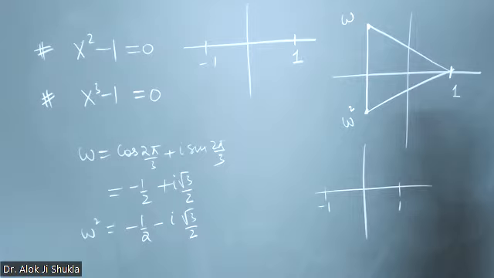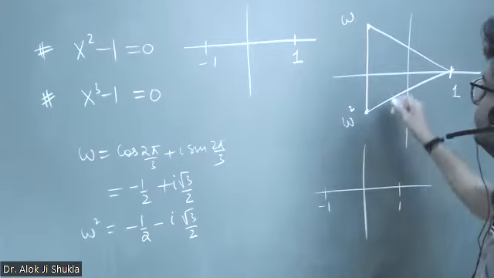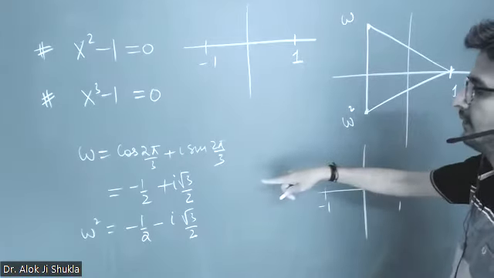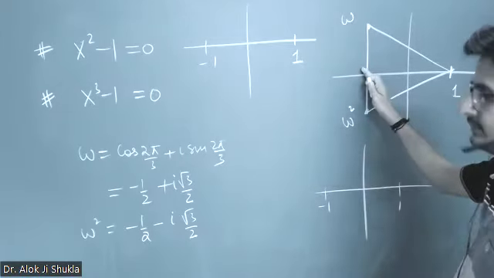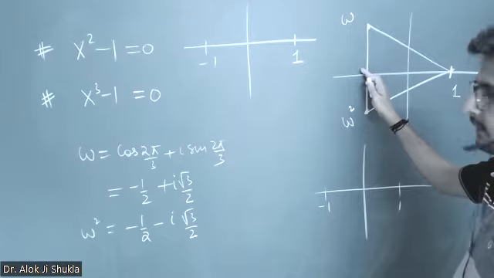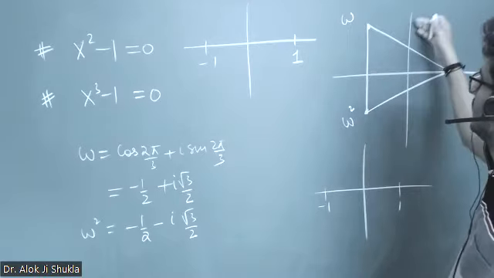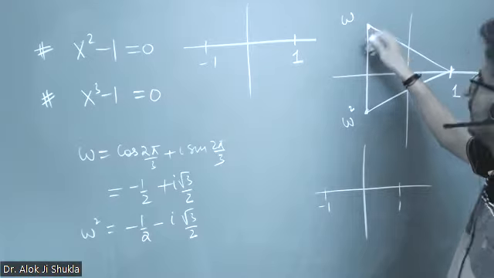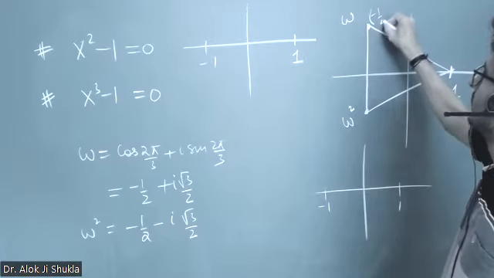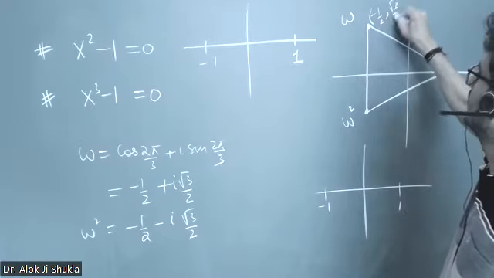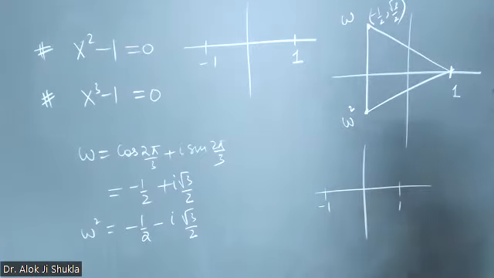Minus half plus iota root 3 by 2. So what will minus half be? Minus half will be on the left hand side, and root 3 by 2 is the imaginary part. So this coordinate will be minus 1/2, root 3 by 2 on the argand plane.